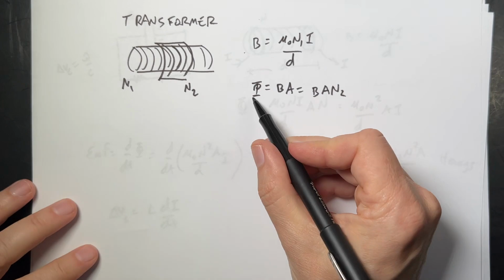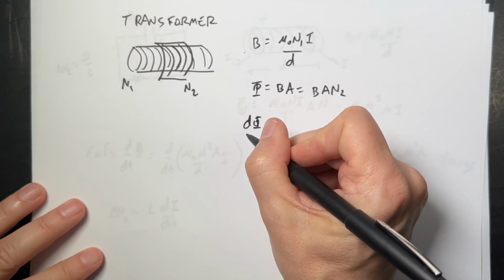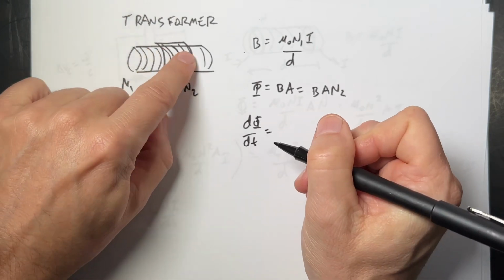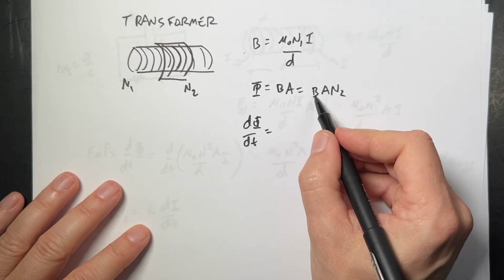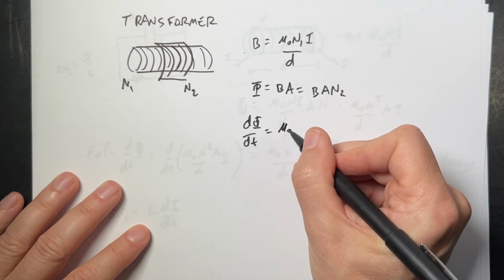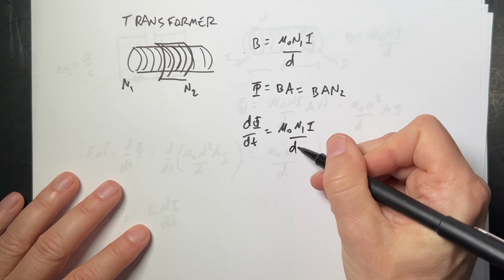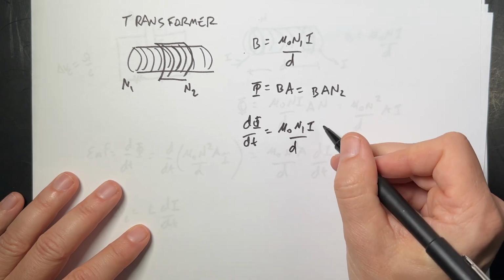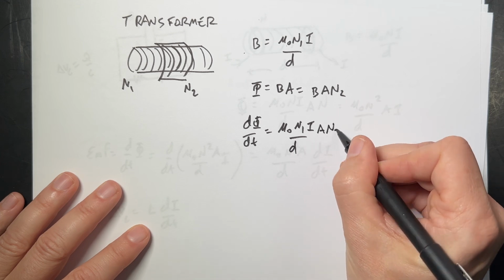So now if I take the derivative of this with respect to time, I get the derivative of the flux with respect to time for this outer loop. It's going to be B, which is this, mu naught N1 I over D, that's B, A, N2. Did I do that right?